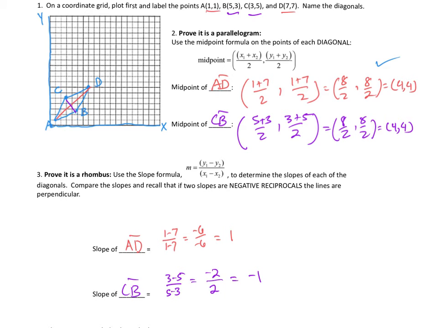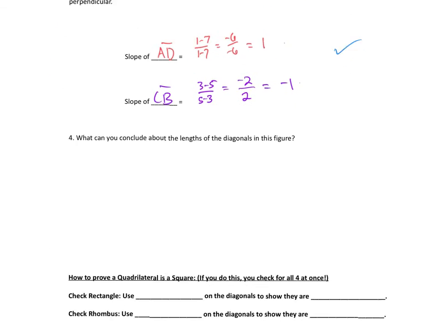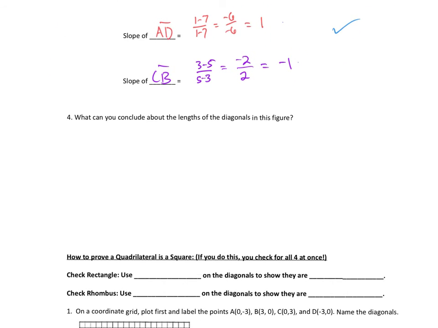And those are opposite inverse relationships of each other, so they are perpendicular to each other. So we have a rhombus. What can we say about the lengths? We can say that AD is perpendicular to CB, so we have a rhombus.